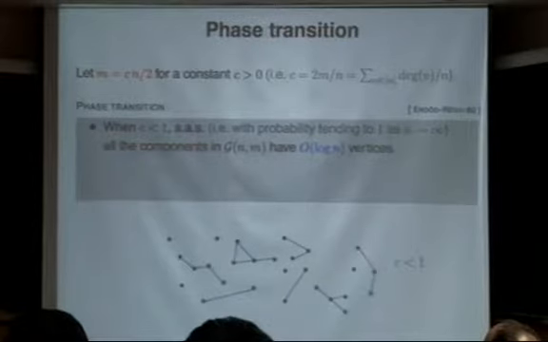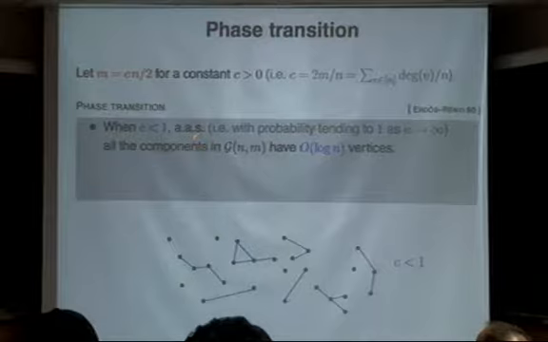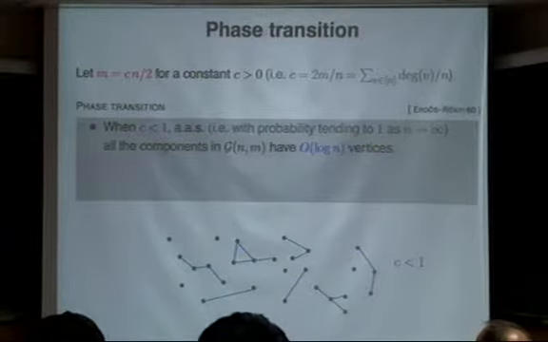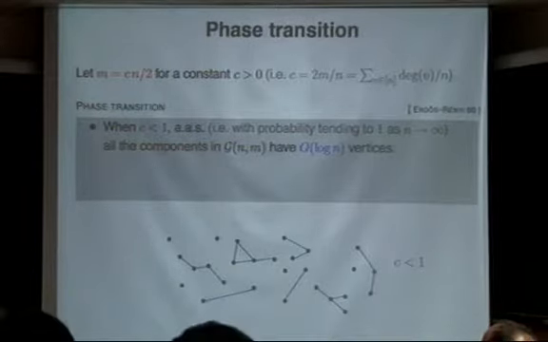If the average degree c is smaller than 1, then a.a.s., which reads asymptotically almost surely, meaning with probability tending to 1 as n tends to infinity, all the components are of order O(log n), and we call such a component small. Furthermore, each component is either a tree or unicyclic. So they are very small, and also rather simple. And in particular, they are planar.